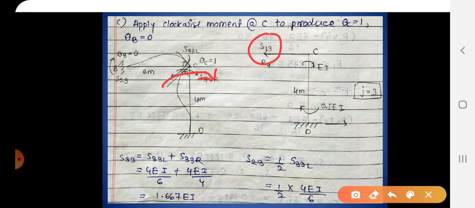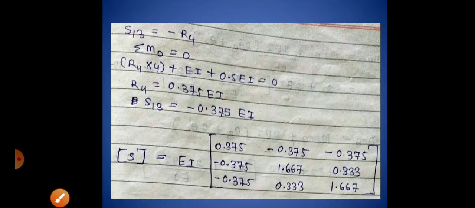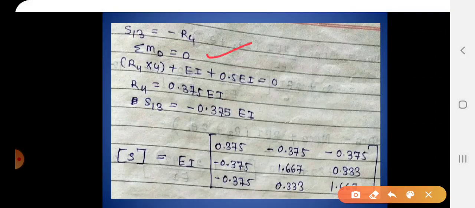This moment is applied at C, therefore it is EI, and 0.5 EI will get transferred, or carried over, to end B, and we have to take reaction at C towards left, R4. Okay, so we have to again write down summation MD equal to 0, and accordingly we calculate R4.